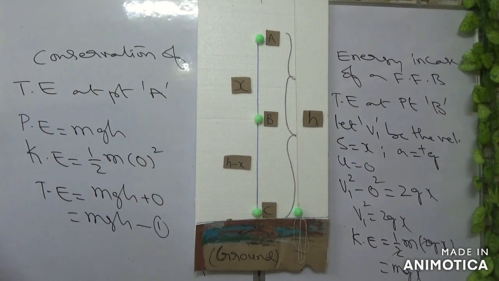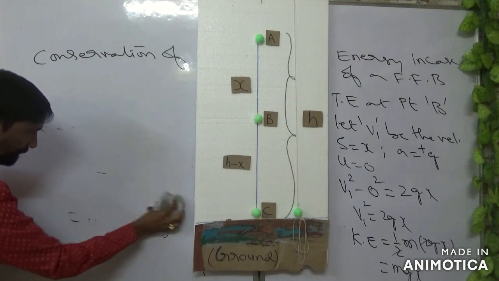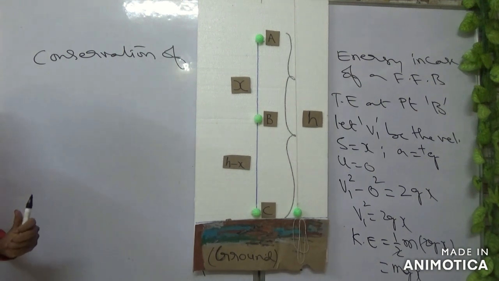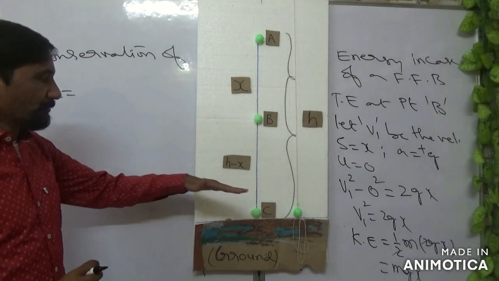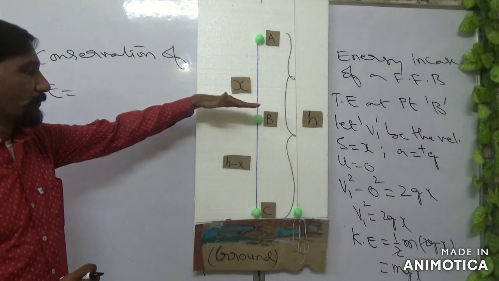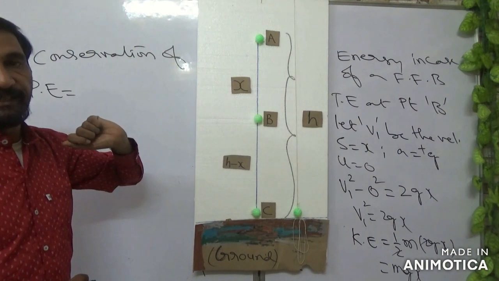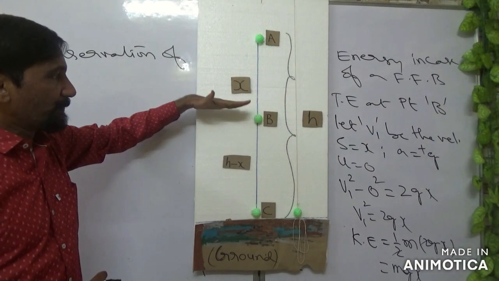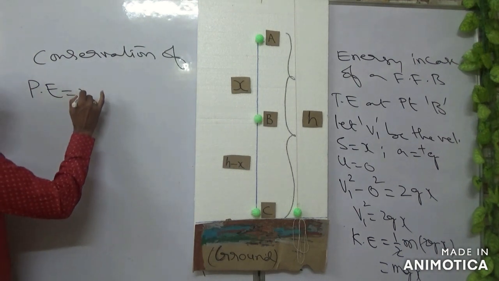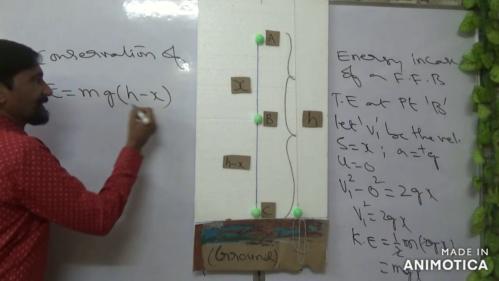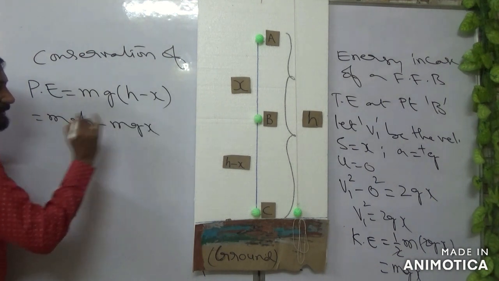To know the total energy, you should find the potential energy also. Potential energy is mgh, meaning its position from the ground. It is at a height h minus x, because it has fallen from h meters height and has already traveled x distance. That means at present this body is at a height of h minus x from the ground, so mg of h minus x, which is nothing but mgh minus mgx.